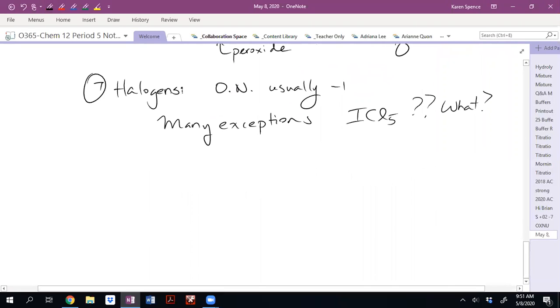Okay, let's just do a couple of examples of how to figure out ones that are not part of our rules. So let us find the oxidation number for chromium in Cr2O7 2 minus.